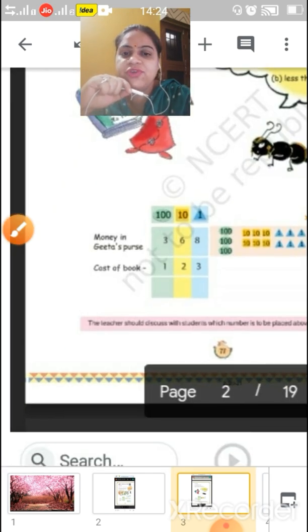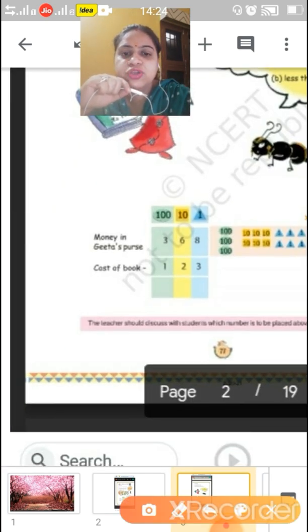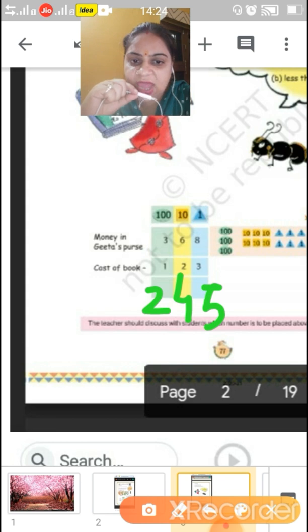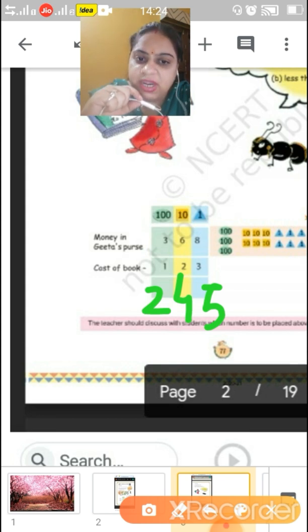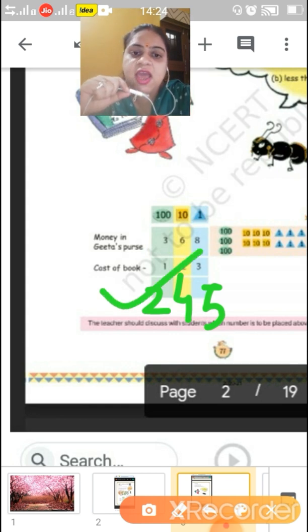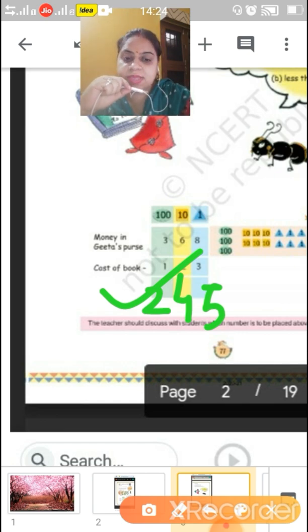Your answer is 245. 8 minus 3 is 5. 6 minus 2 is 4. 3 minus 1 is 2. So now she has 245 rupees in her purse. Understood?